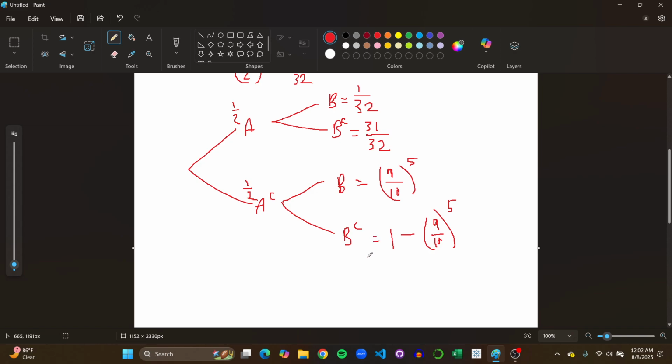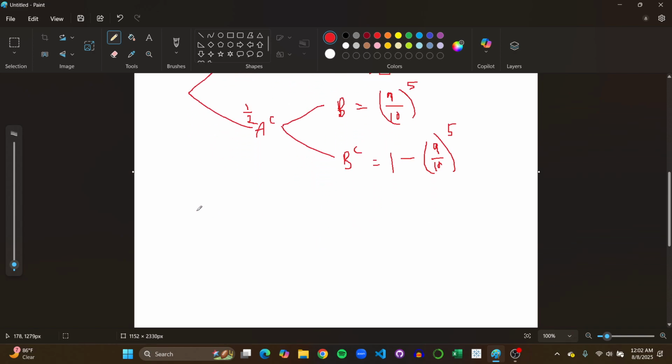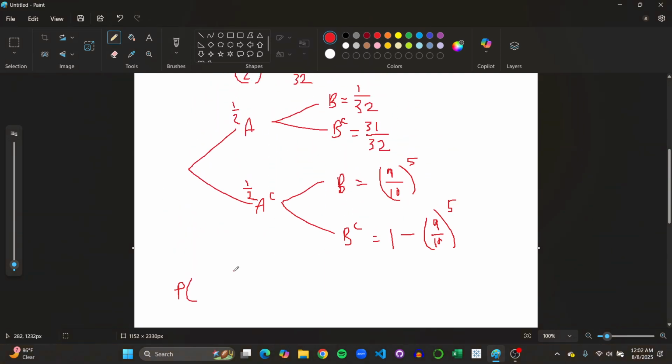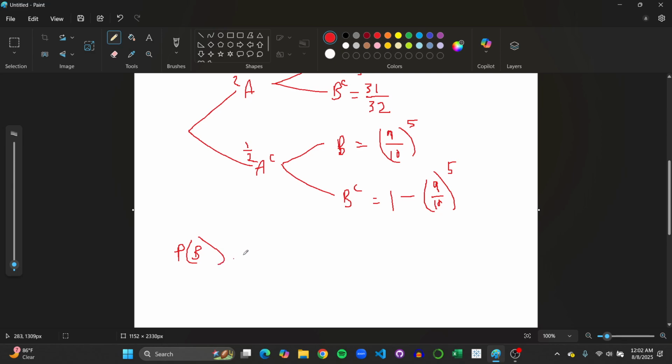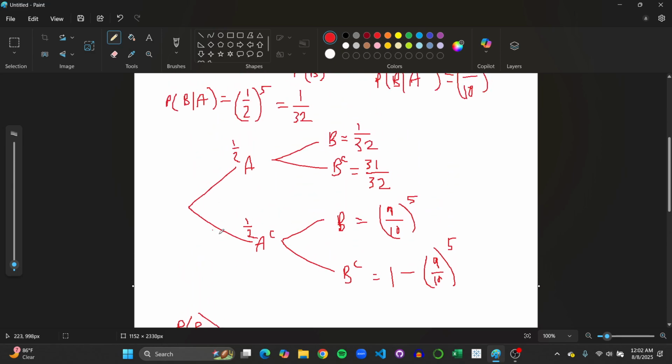All right, so now we know that in this probability space, we can just find the probability of both B's happening, both routes, and sum them.